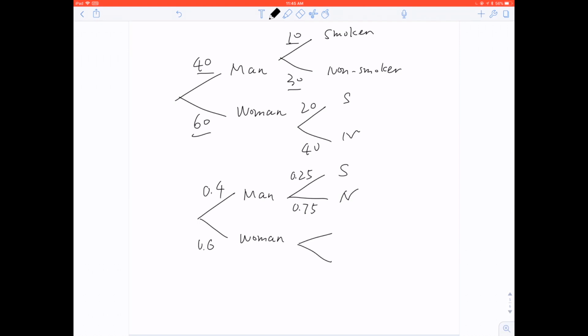In this case, we are only looking at women, so that will give us 20 over 60 because we only got 60 women, and 40 over 60. And if you are willing to do some math, 20 over 60 will give you 0.33, and the second branch will be 0.67. So this is how to convert a frequency-based tree diagram into a probability-based tree diagram.